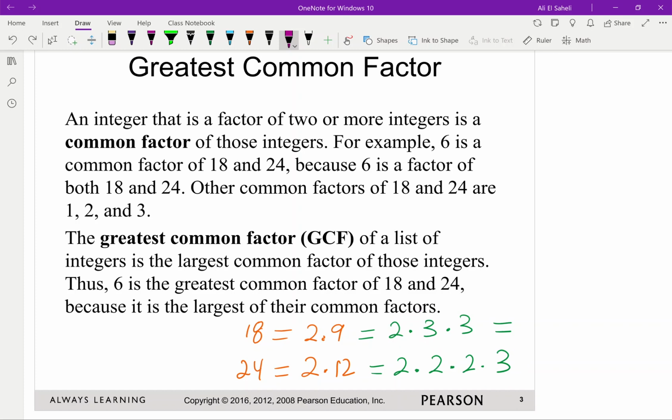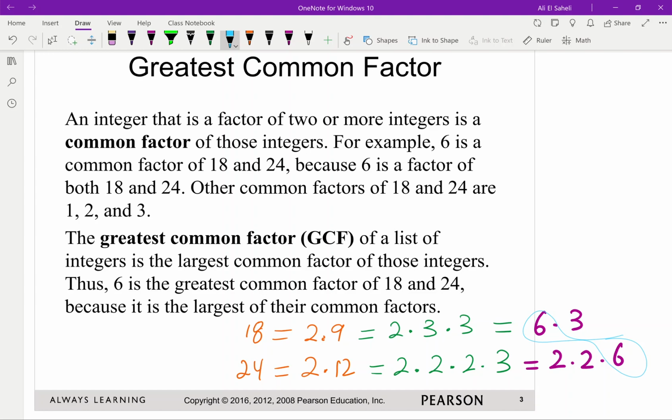So this is 6 times 3, and this is 2 times 2 times 6. So 6 is the greatest common factor.